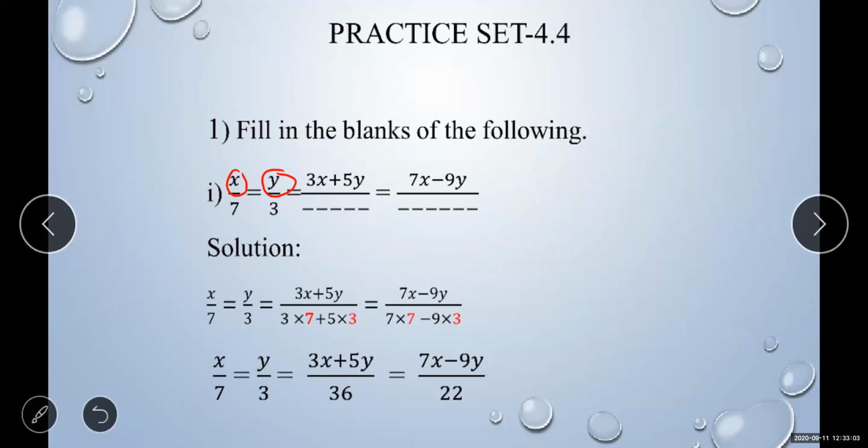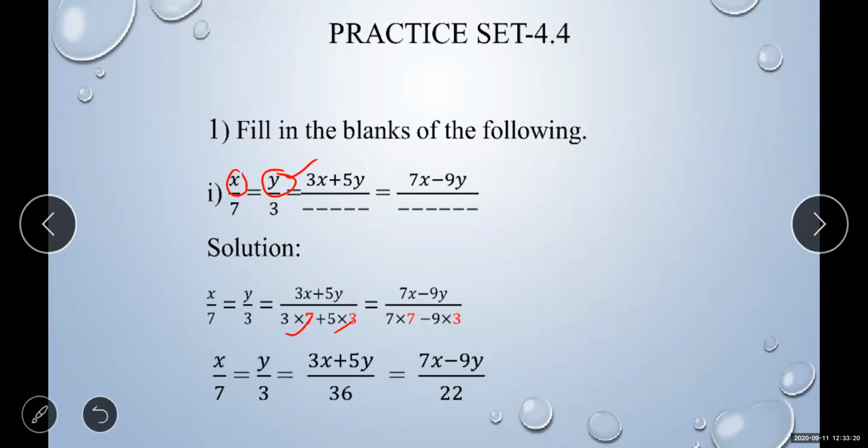As numerator x is multiplied by 3, so denominator 7 is also multiplied by 3. As numerator y is multiplied by 5, so denominator 3 is also multiplied by 5.